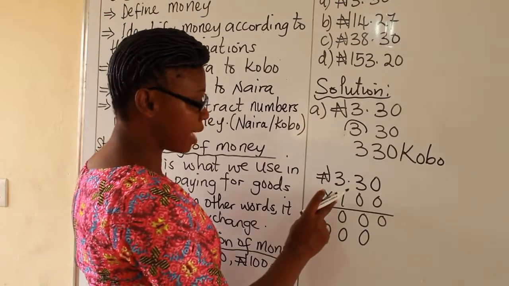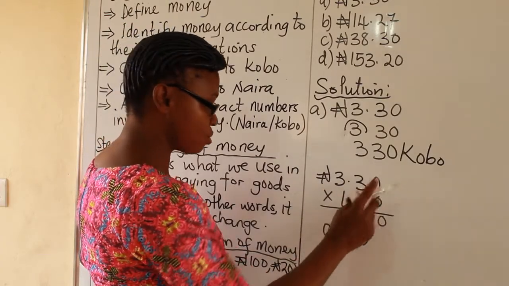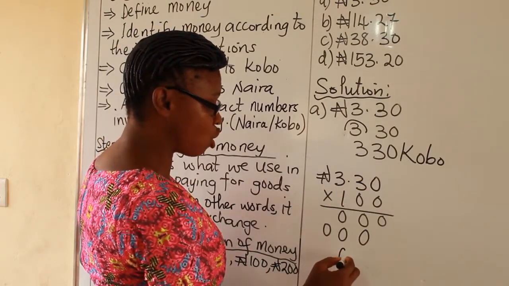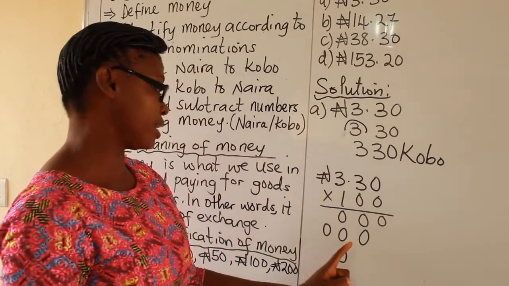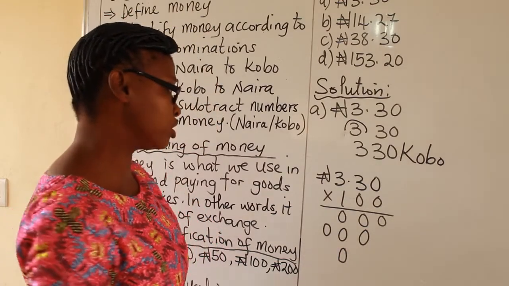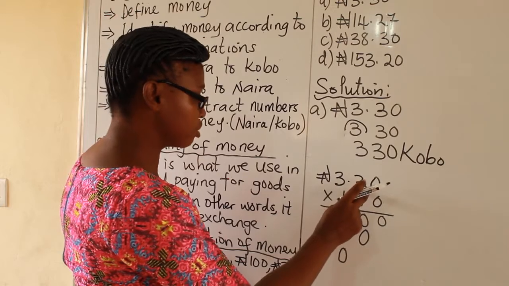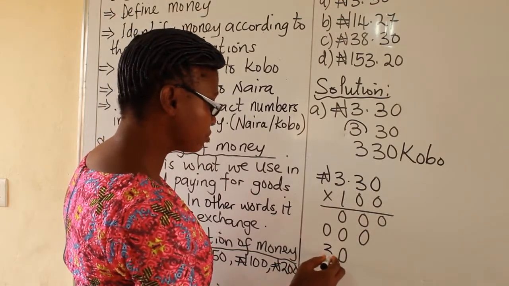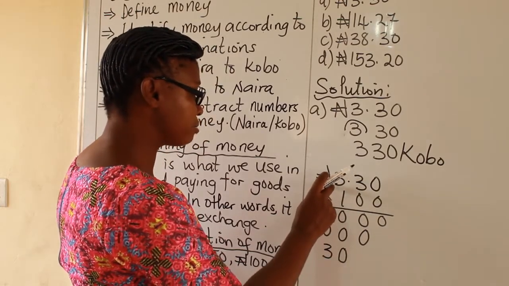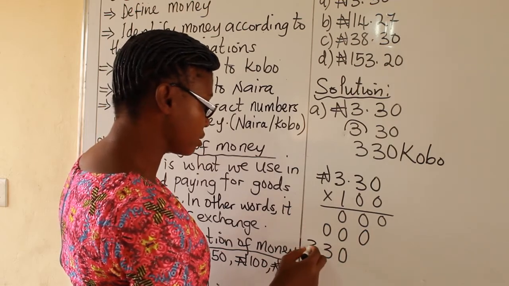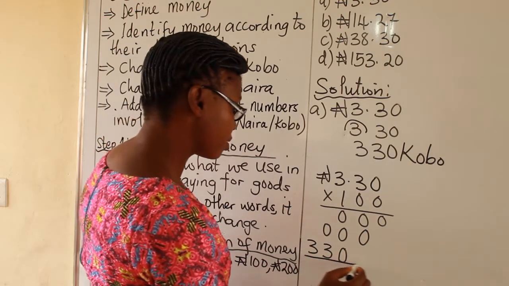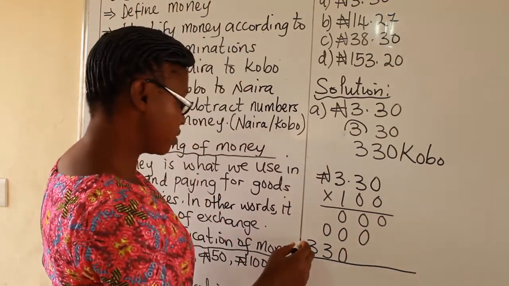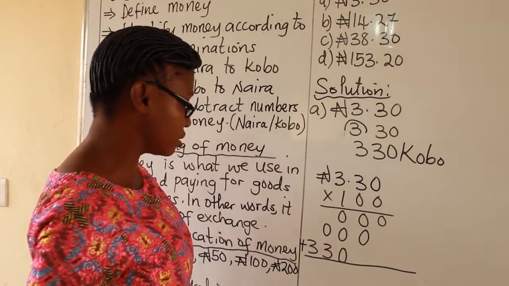And so we now multiply 1. 1 times 0 will give us 0, and you start it under your third line. I hope you are watching. 1 times 3 is what? 3. And then 1 times the last 3 here will give us 3. You can remember we did this in class in Sleek Angels International School.